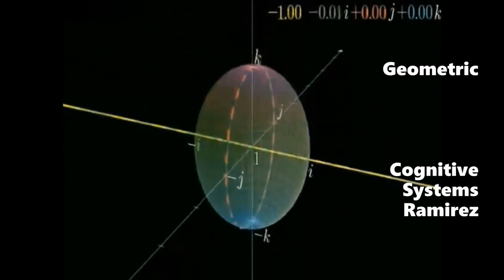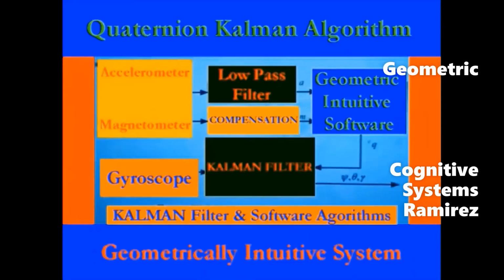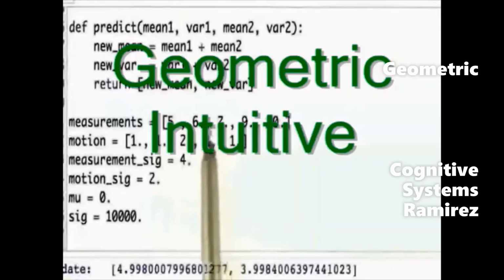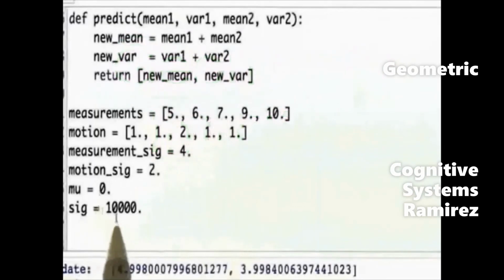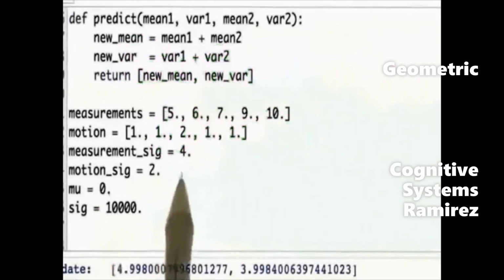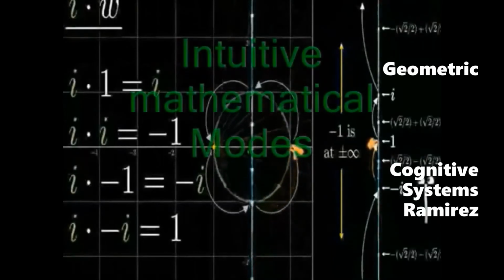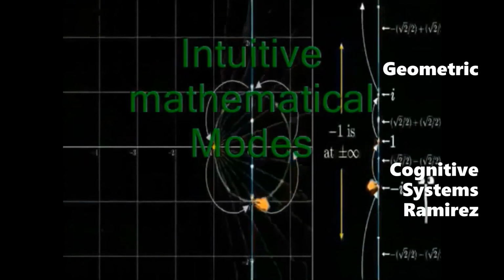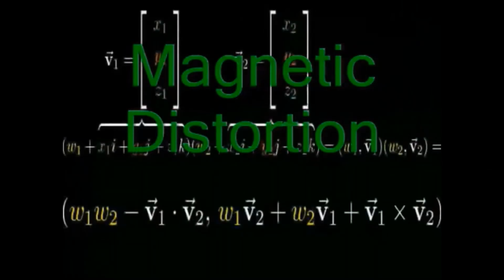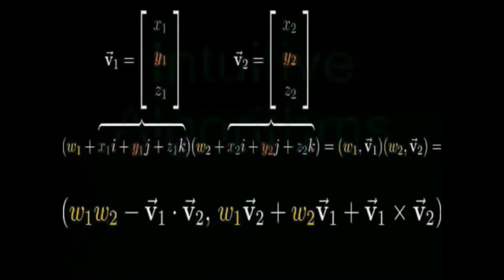Quaternion Kalman filter for real-time estimation using geometrically intuitive correction algorithm. In this algorithm, the sequential geometrically intuitive correction is used to make the estimation of pitch and roll immune to magnetic distortion.